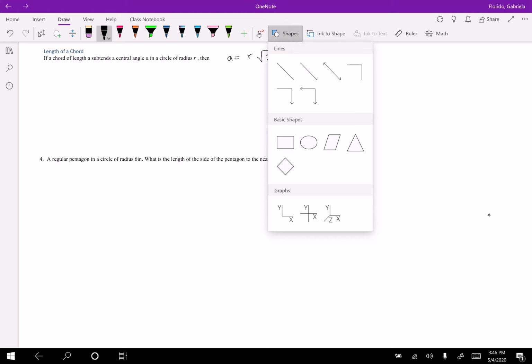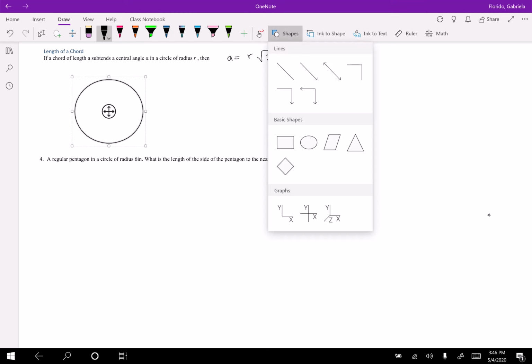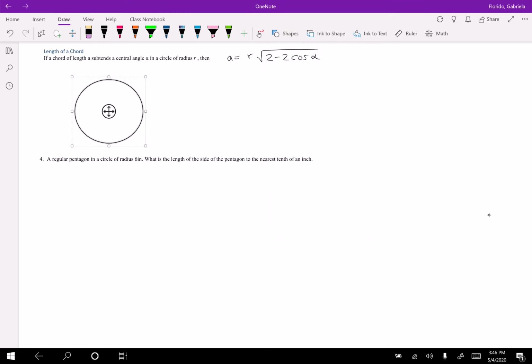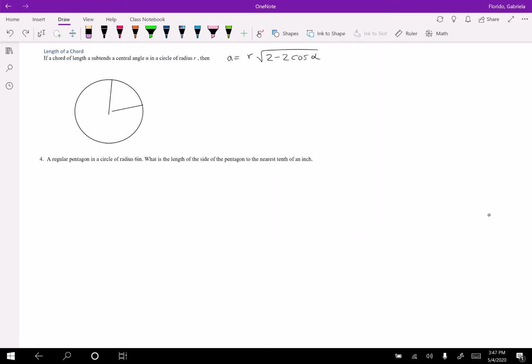So let's add a little shape here. Here is, again, we're working with the circle, so there's my circle. We know that we have a central angle. And that's a terrible line. Another terrible line.